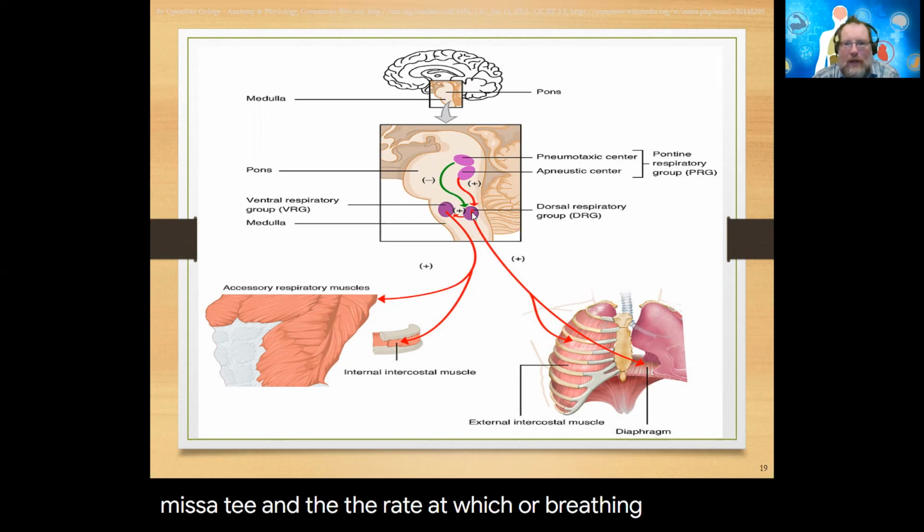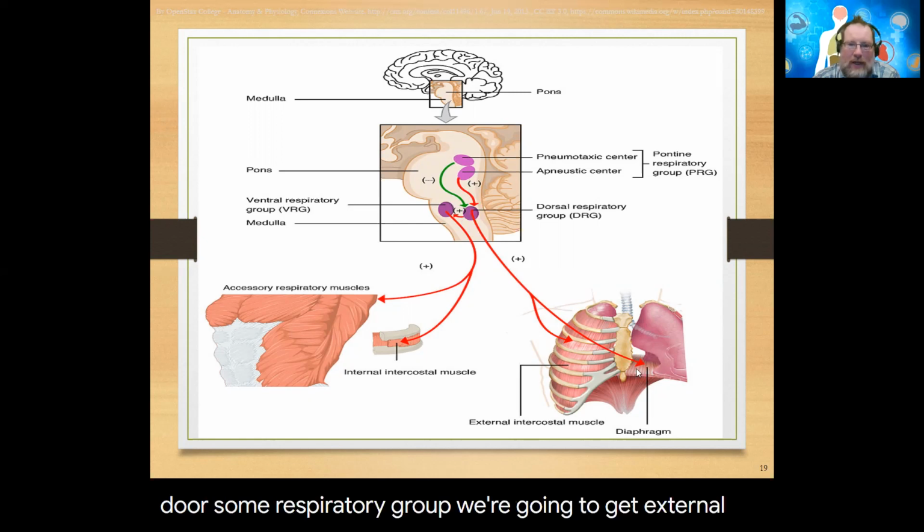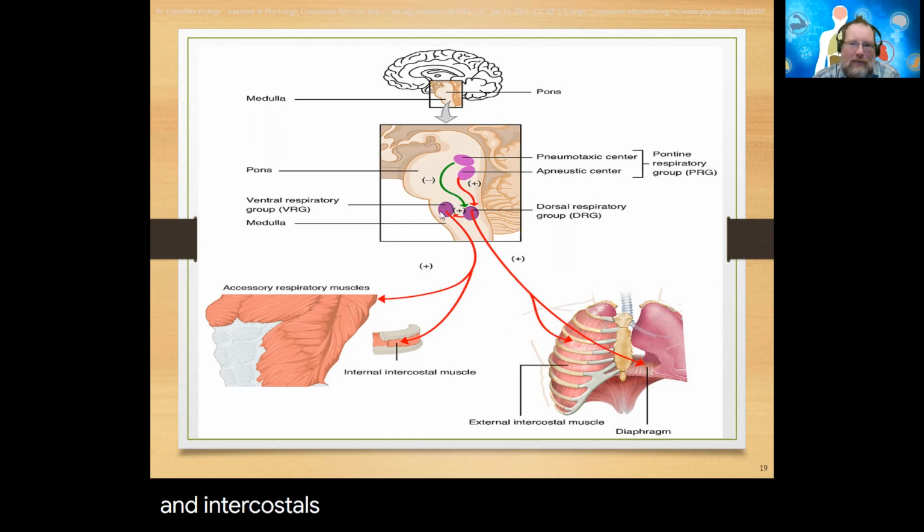And so that dorsal respiratory group, we're going to get external intercostals and diaphragm. From that ventral group, we're going to get these accessory muscles, like I said, the scalenes, as well as these intercostals. Serratus anterior, these are the serratus muscles.